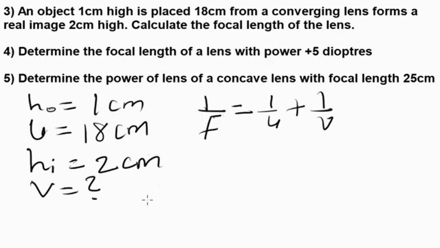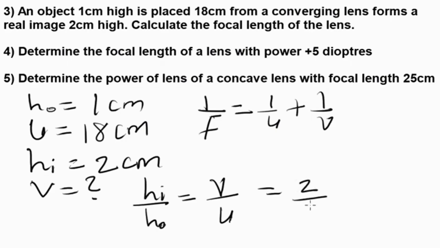Okay, so to get the image distance, we're going to apply this formula: HI, image height over object height, equals image distance v over object distance u. When you input the values, you're going to have the image height 2 over object height 1, equals the image distance v over object distance u, which is 18.